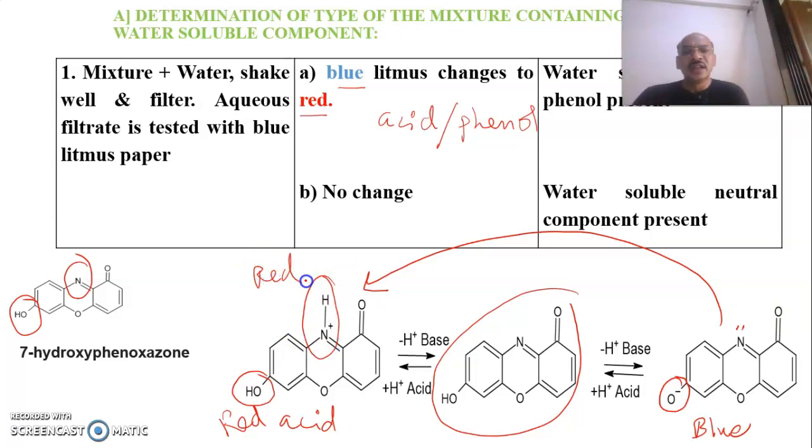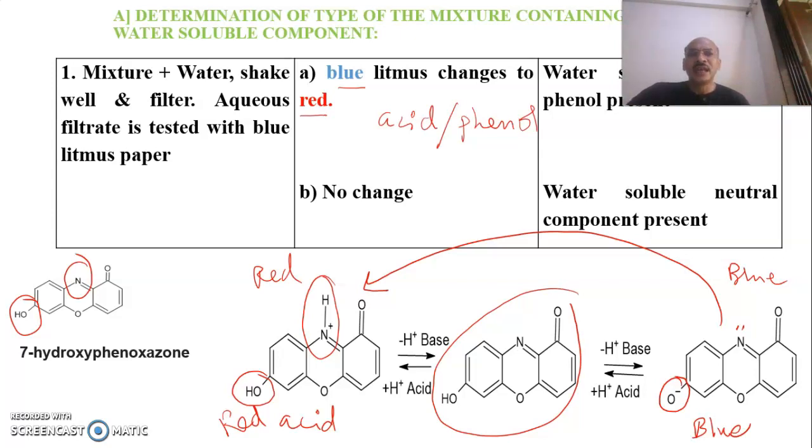So here there is a red color and here there is a blue color. You can correlate it with concepts from UV visible spectroscopy: what is conjugation, extended conjugation, different types of shifts, etc. Now that is about the chemistry of litmus paper.